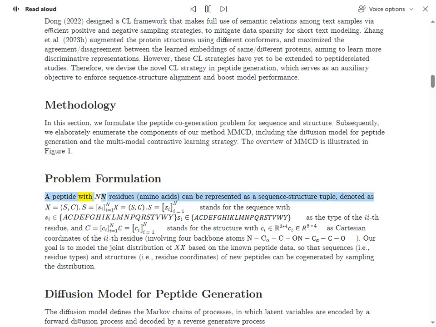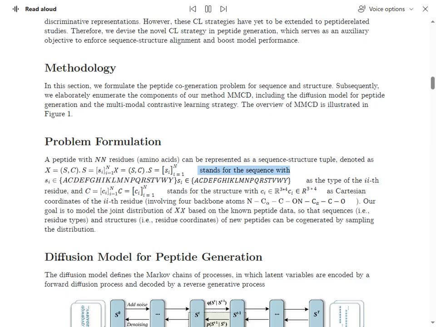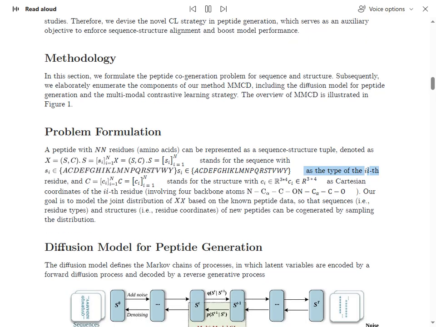A peptide with N residues, amino acids, can be represented as a sequence structure tuple, denoted as X = (S, C). S = {s_i}, i = 1 to n, stands for the sequence with s_i as an element of {A, C, D, E, F, G, H, I, K, L, M, N, P, Q, R, S, T, V, W, Y} as the type of the i-th residue.